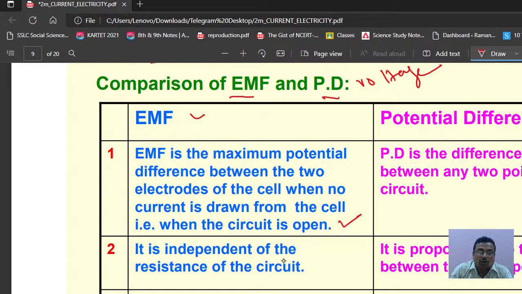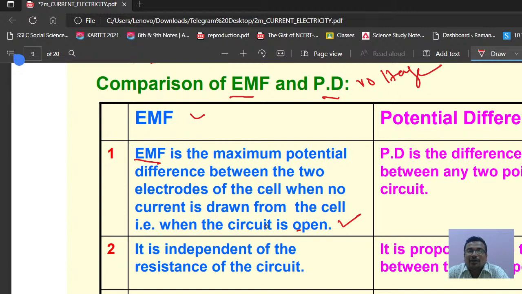The circuit is open; the current passes only when the circuit is closed, that is on. The maximum potential difference between the electrodes when no current is passed, that is when the circuit is open, is called electromotive force.